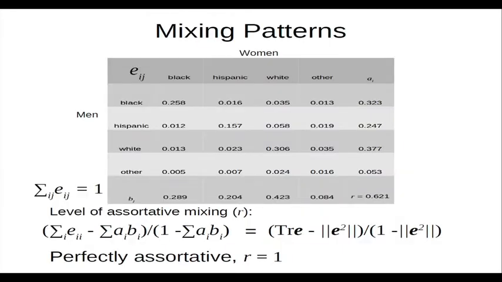That means the sum of all the individual cells will add up to 1. That is why we write here, if you look at the slides, the sum over i, j of e_ij is equal to 1.